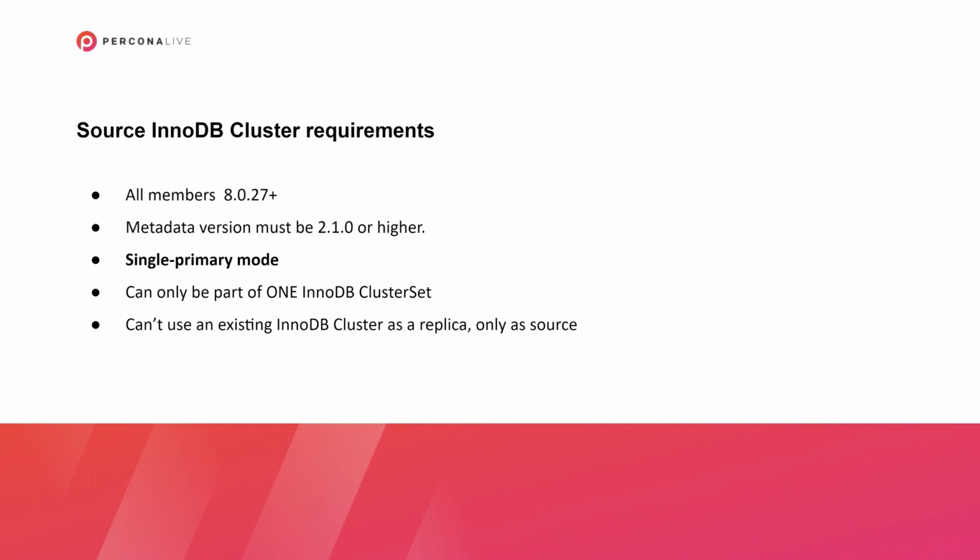With asynchronous replication, the versions don't need to match. So your primary cluster doesn't need to match the secondary, but they all need to be 8.0.27 or more, otherwise the feature doesn't exist. But it's the same as upgrading each InnoDB cluster separately.